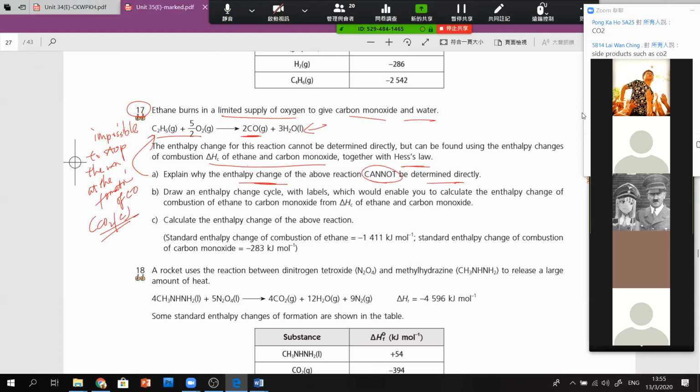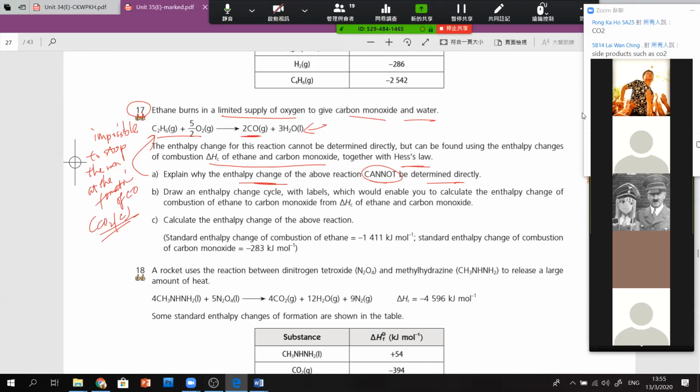Can you get the point? Because we are given a limited supply of oxygen, of course we may get CO, but there may be some CO2, and also some unburned carbon that may come out. So it makes the case more complicated.